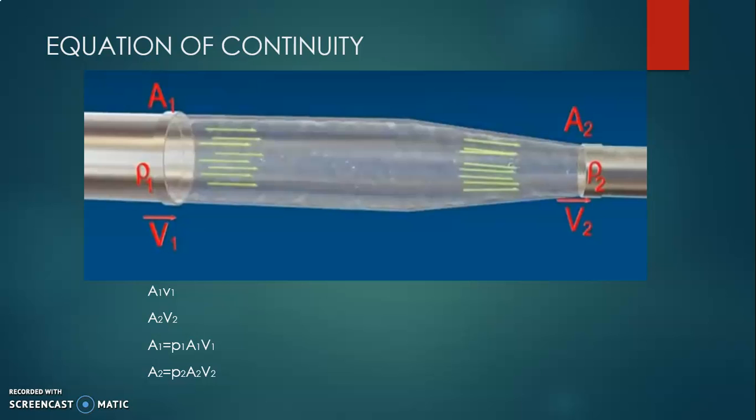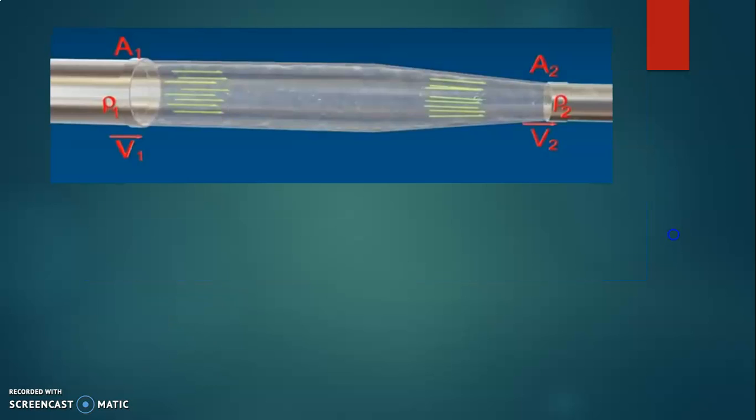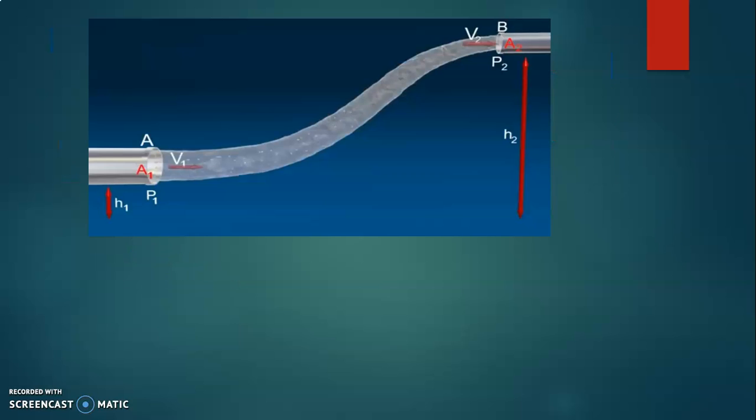Assuming there is no loss of fluid in the tube, that is, for an ideal fluid, therefore A1 v1 is constant. This is the equation of continuity. When the fluid is flowing through a section of pipe with one end having a smaller cross-sectional area than the pipe at the other end, the velocity of the fluid at the constricted end must be greater than the velocity at the larger end.